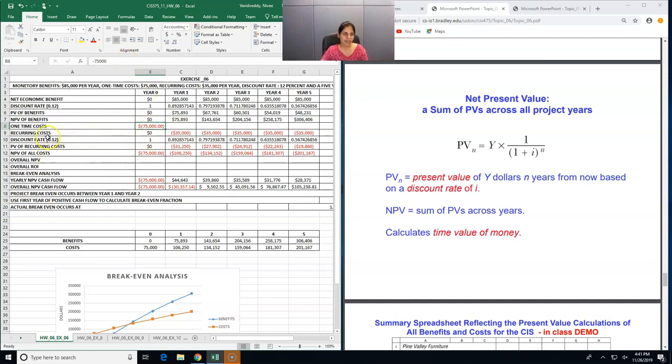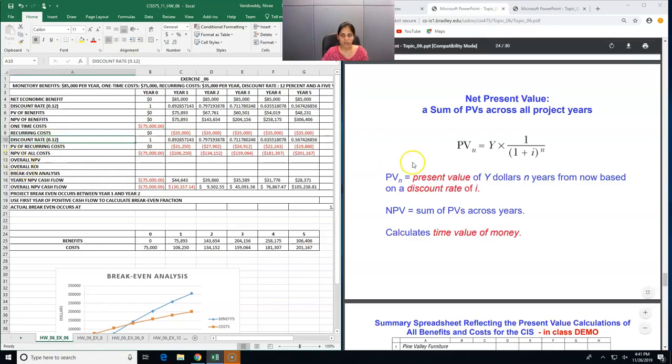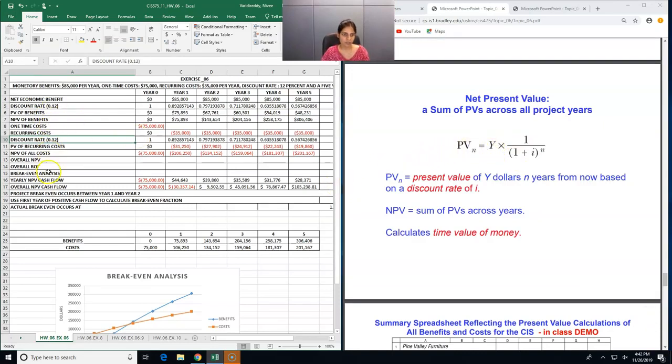Okay, so now again we need to calculate the discount rate. Since the formula for NPV, either for benefits or costs, is nothing but the same: the sum of PVs across years, and PV is nothing but the current value of dollars Y from n years from now based on the discount rate of I. So the formula for NPV is the same, either NPV of benefits or NPV of costs.